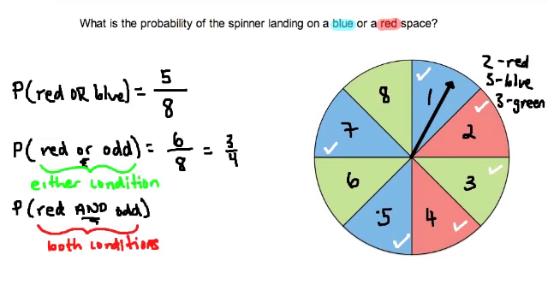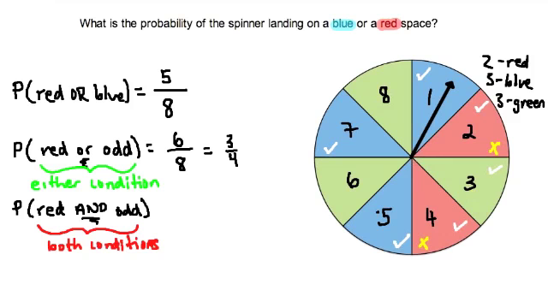So let's explore this. The easiest way to do this really is to focus on the spaces that are red because those are easy to see. And let's see how many of those red spaces are also odd spaces. So this space is red, but it does not have an odd number with it, so it is not a favorable outcome. And this red space here is also not odd, so it is not a favorable outcome.